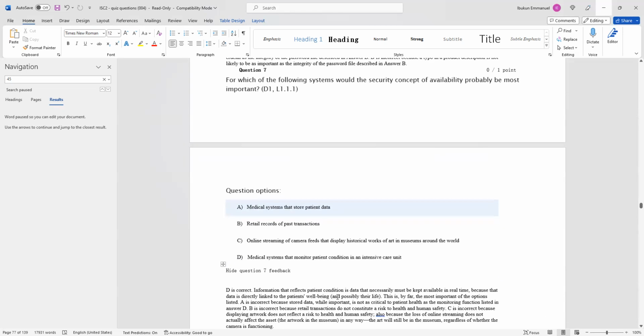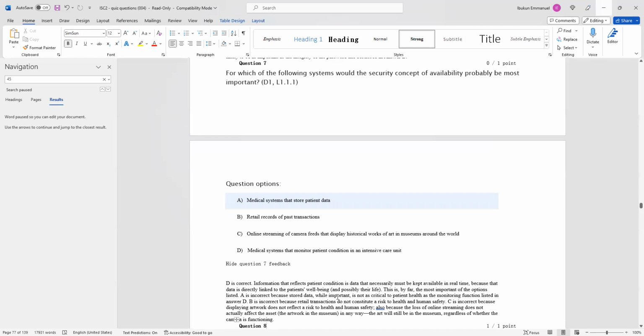For which of the following systems would the security concept of availability probably be most important? So the previous question was on integrity. Which one of these needs to be available at all times?